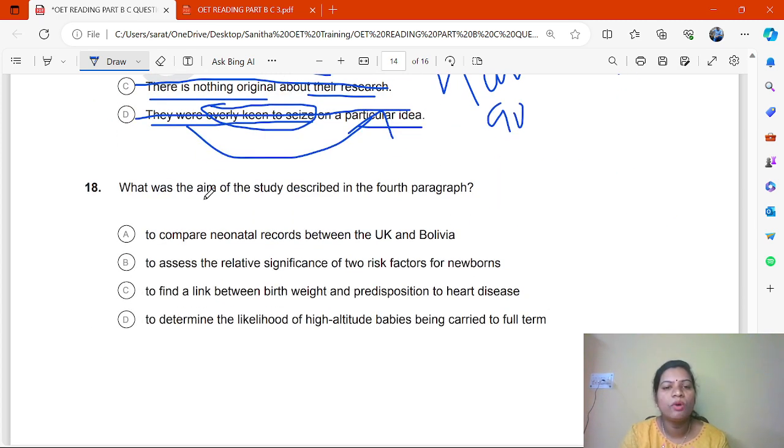What was the aim of the study described in the fourth paragraph?